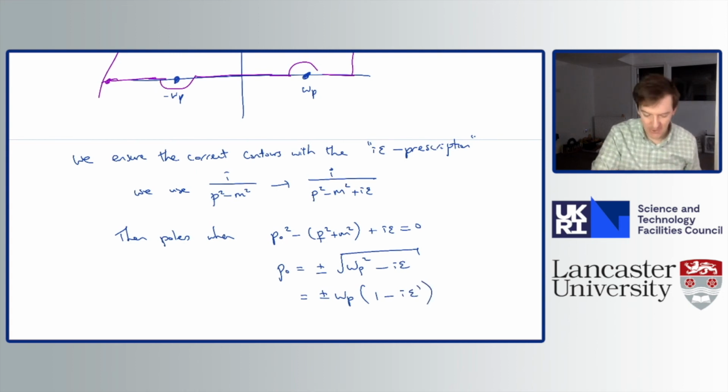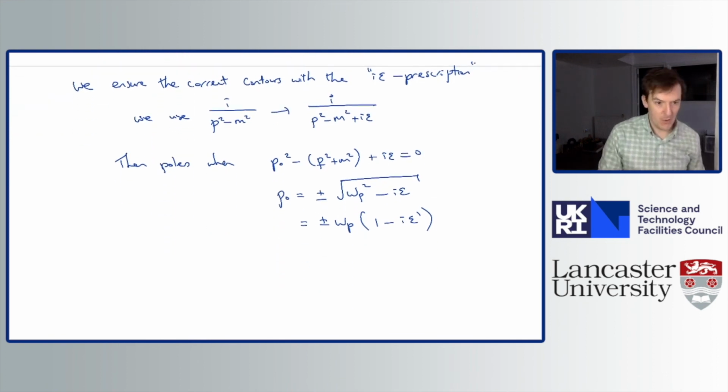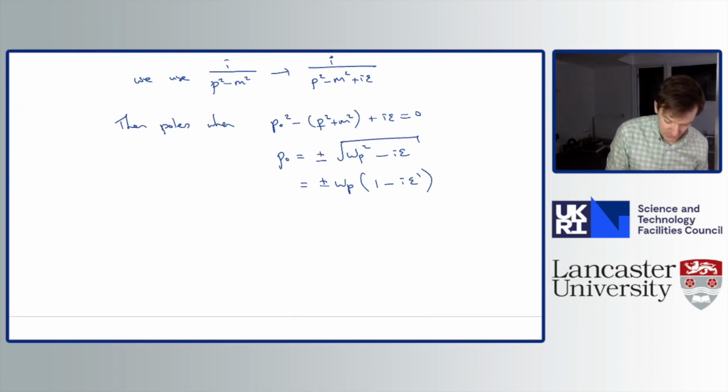So we can Taylor expand, or do the series expansion, once we factor out the omega p factor, and we'll get a 1 minus i times another small number. Let me call it epsilon prime. So in other words, we have poles. Let's just draw where they are.